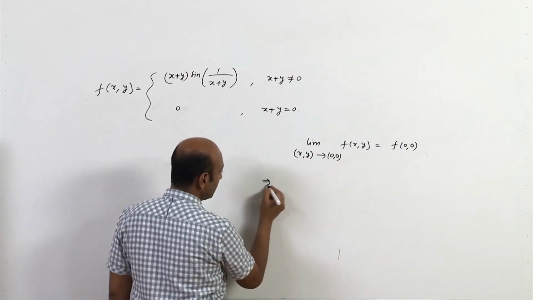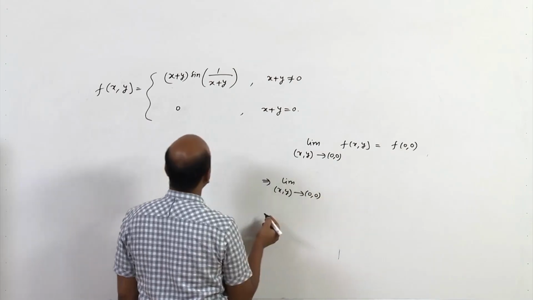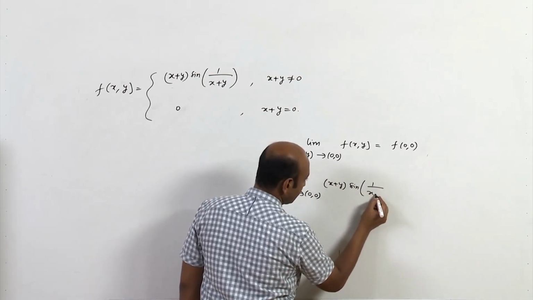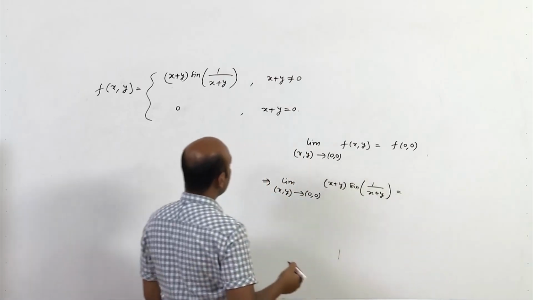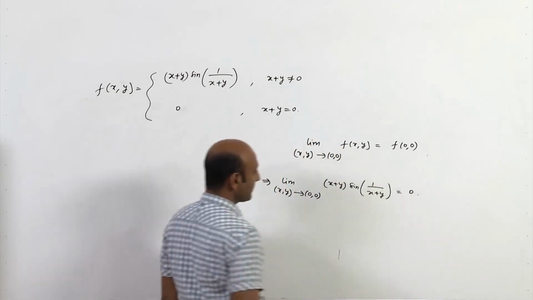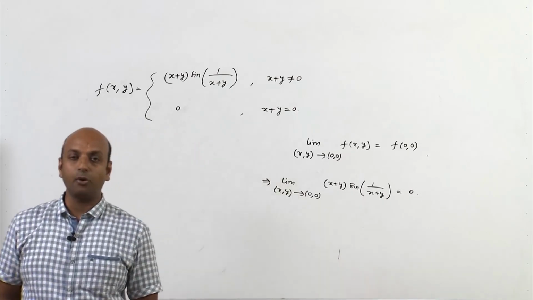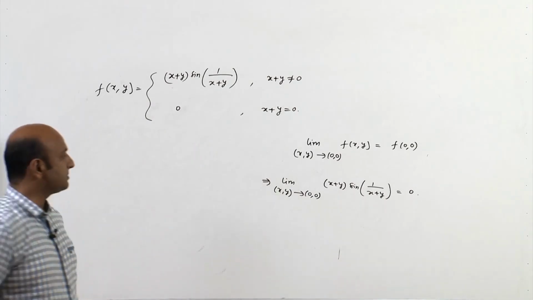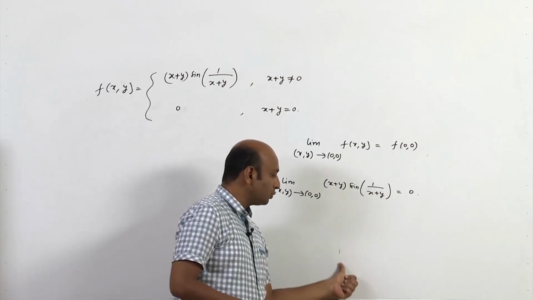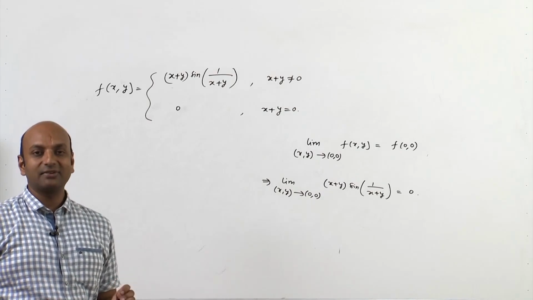This means the limit of (x plus y) sine 1 upon (x plus y) equals f(0,0), which is 0 plus 0, that is 0. If we are saying that a function is continuous at the origin, we have to prove this equation. In order to prove this, we have to use the delta epsilon definition. The only option is using the delta epsilon definition.